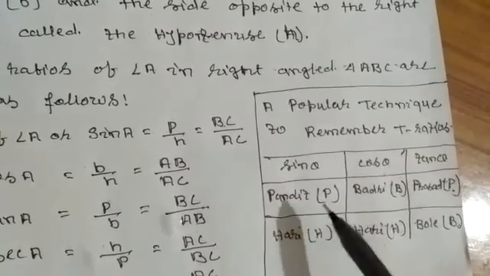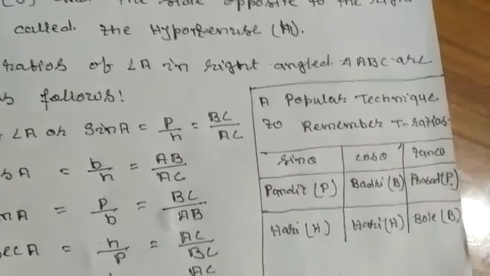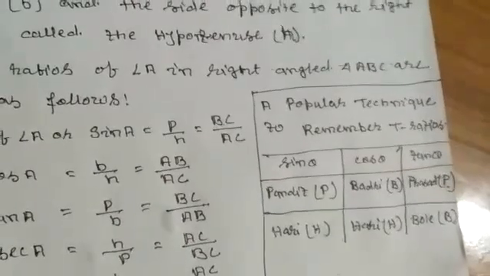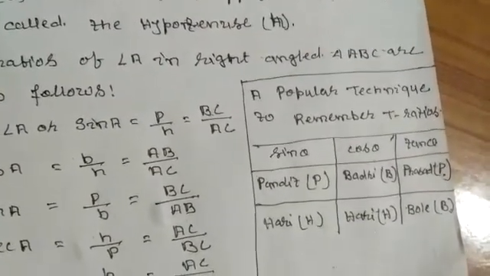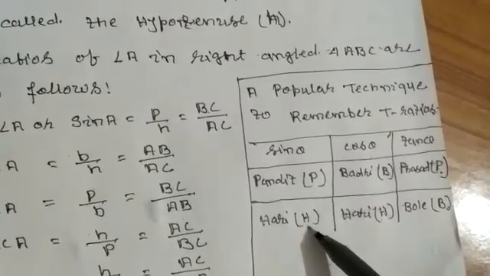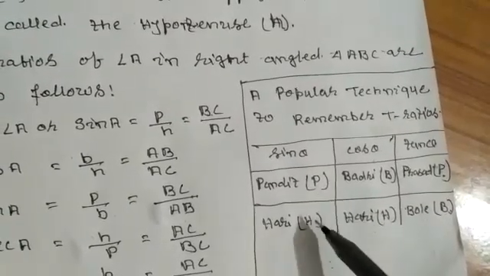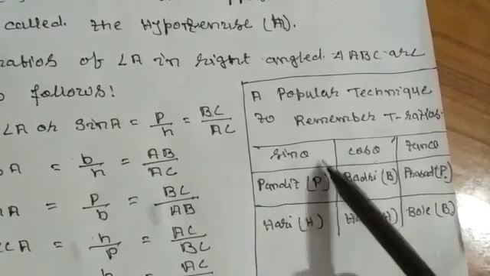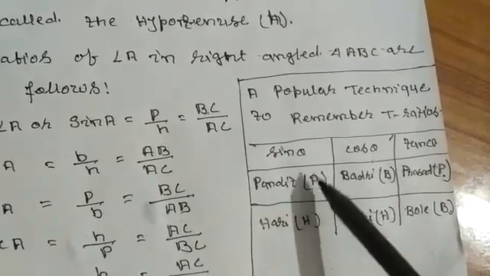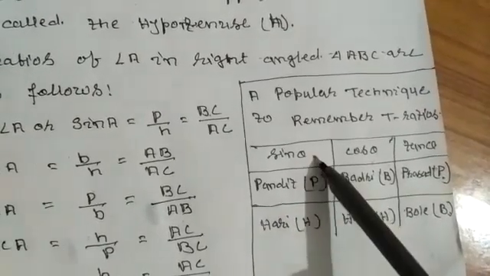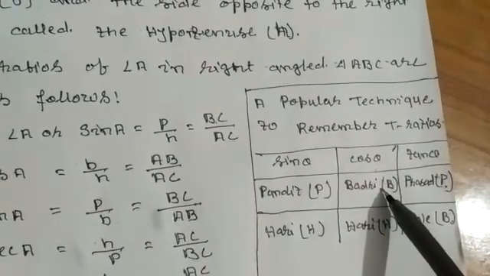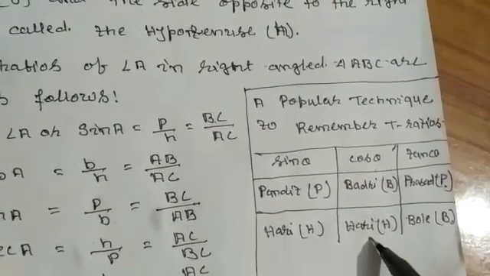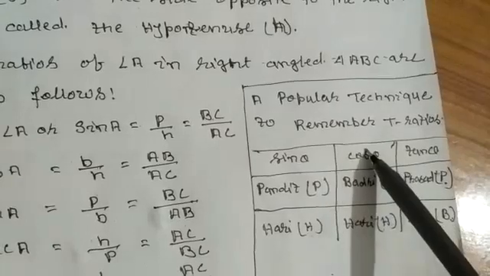Similarly, in the same manner, when you take the reciprocal of the ratio, first you write H by P, then it becomes cosec, the reciprocal of sine. When you take H by B, it will be the reciprocal of cos, that is sec.